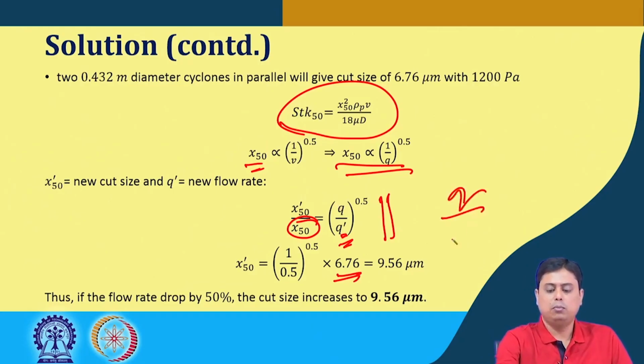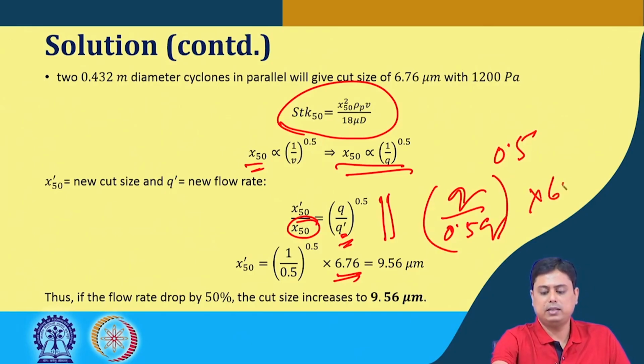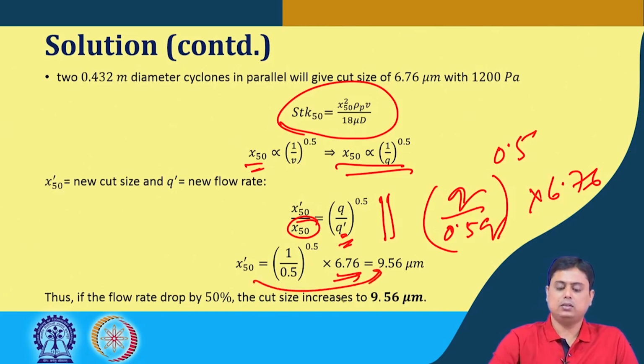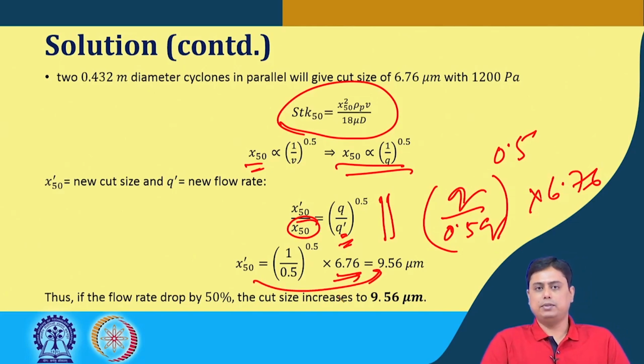So q by 0.5 of q, to the power 0.5, multiplied by 6.76, gives us the new cut size of 9.56 micron.